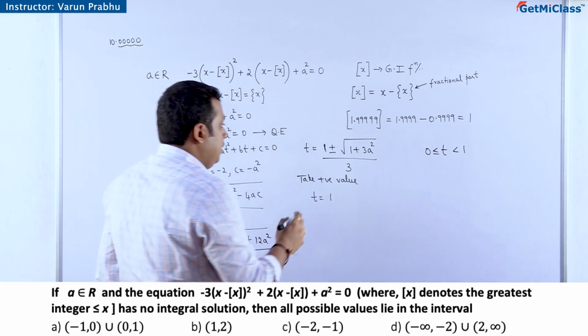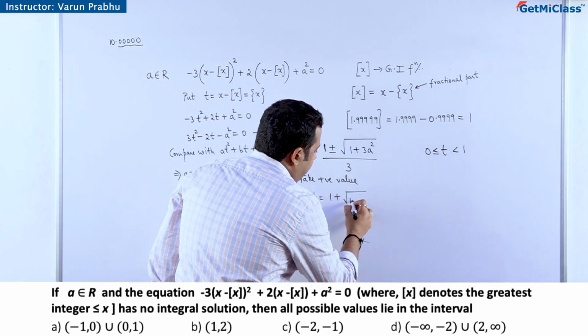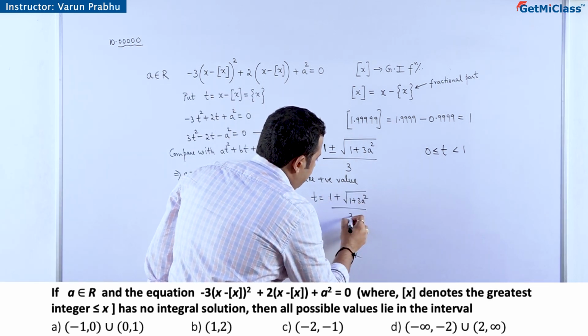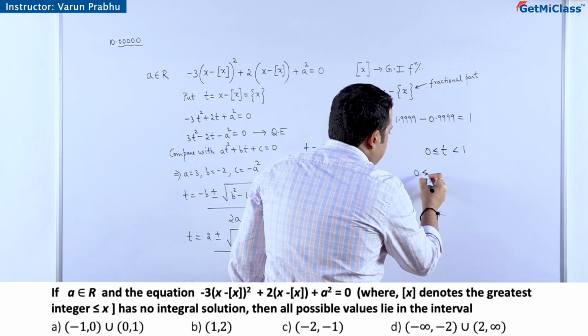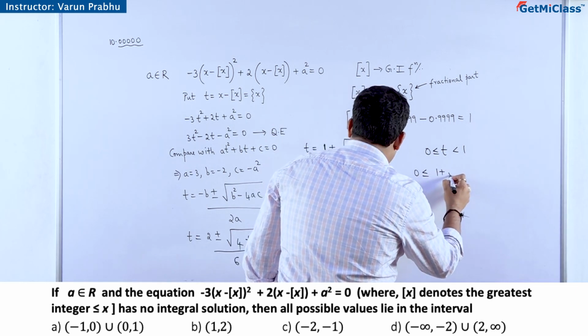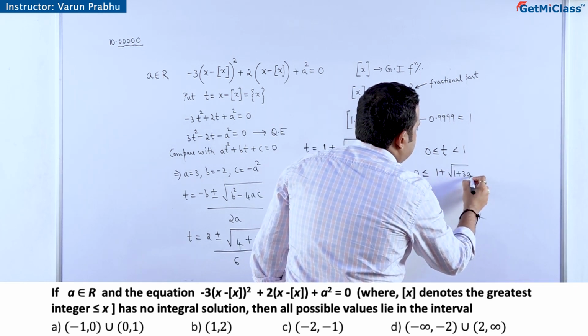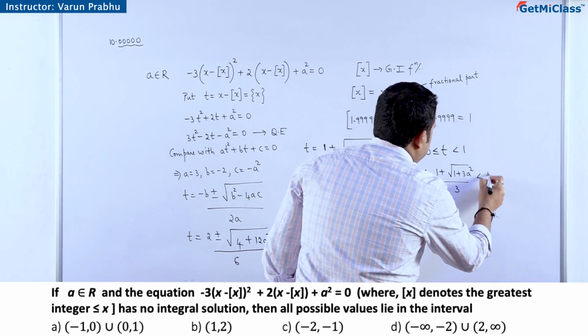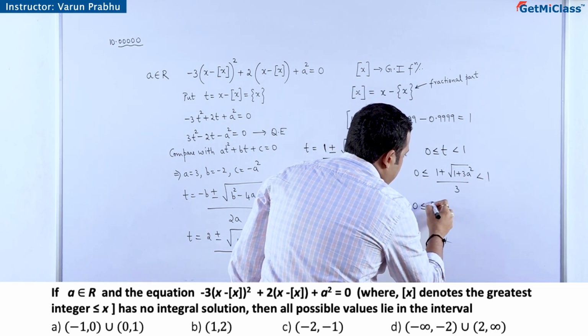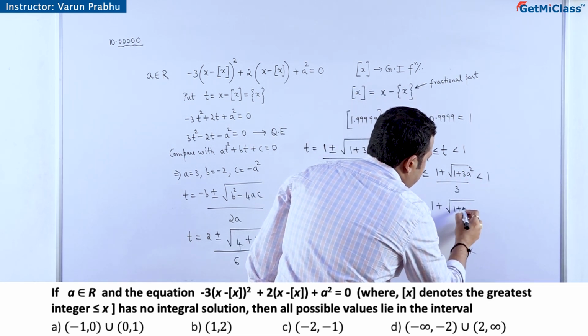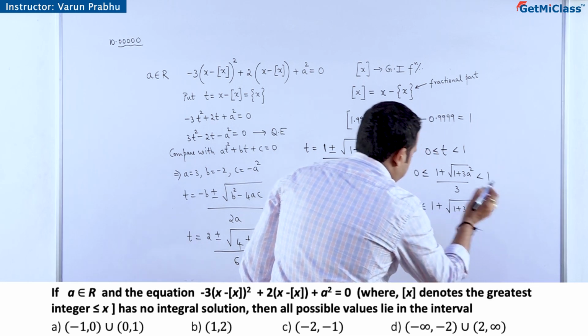t is equal to 1 plus root of 1 plus 3a square divided by 3. And this value lies between where to where? 0 less than or equal to 1 plus root of 1 plus 3a square divided by 3 less than 1. So 0 less than or equal to 1 plus root of 1 plus 3a square less than 3.